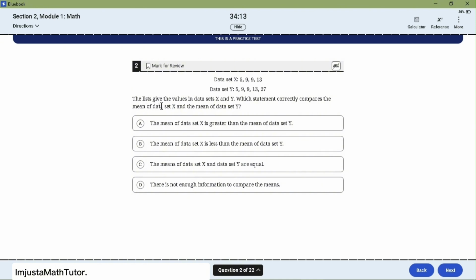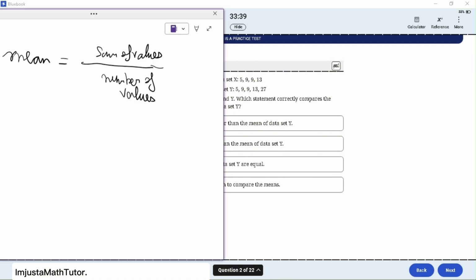The lists give the values in datasets X and Y. Which statement correctly compares the mean of datasets X and Y? Okay, so we know the mean of a dataset is the sum of values of that dataset divided by the number of values.